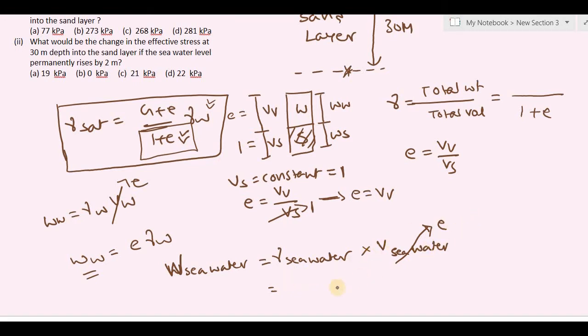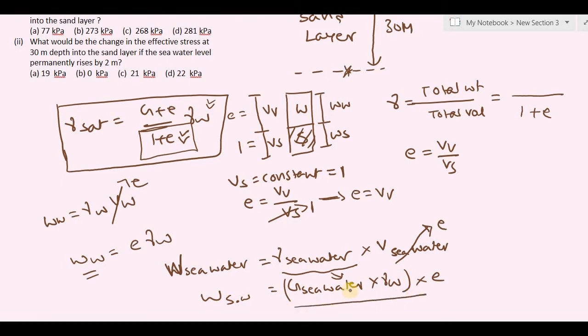We know the specific gravity of sea water, G sea water, into the unit weight of water gives the unit weight of sea water, into the volume of sea water, which is E. So in the weight of sea water you can place this.